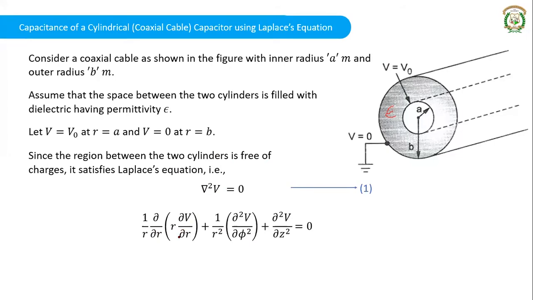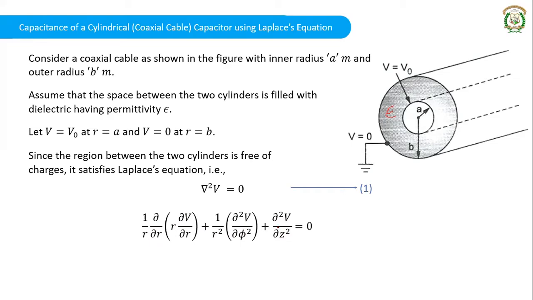That is the only reason we take r as radius. The expansion of del square V in cylindrical coordinates is 1 by r, dou by dou r, r into dou V by dou r, plus 1 by r square, dou square V by dou phi square, plus dou square V by dou z square.